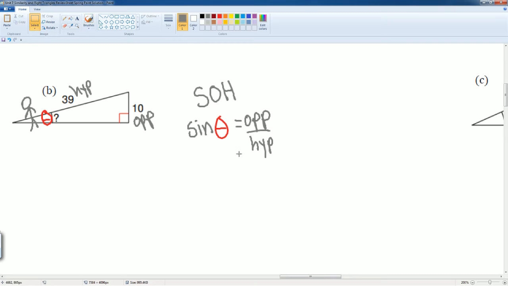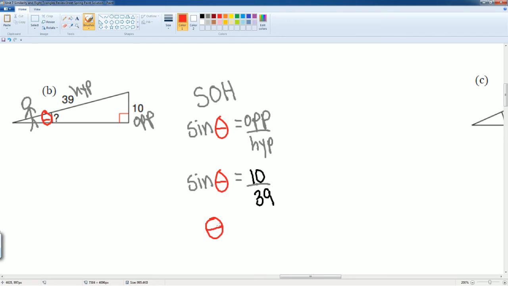Now I have that, so I can make the substitution. The substitution here for my opposite is going to be 10, and my hypo, HYP, is your 39. To solve for that theta, we use our inverse.